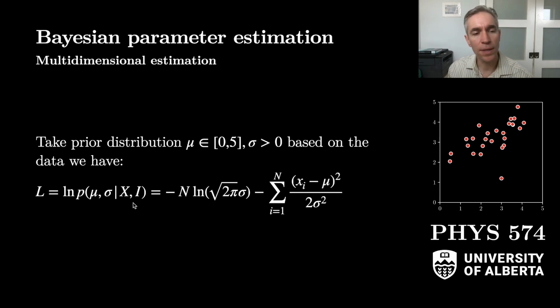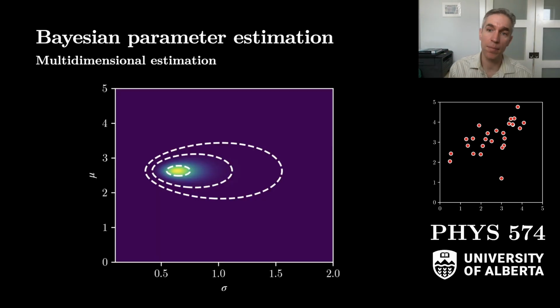larger. So given this distribution, instead of tabulating my posterior as a one-dimensional value, I brute force tabulate my posterior at every value of mu and sigma in a parameter space, and I make a plot of that, and that's shown here.